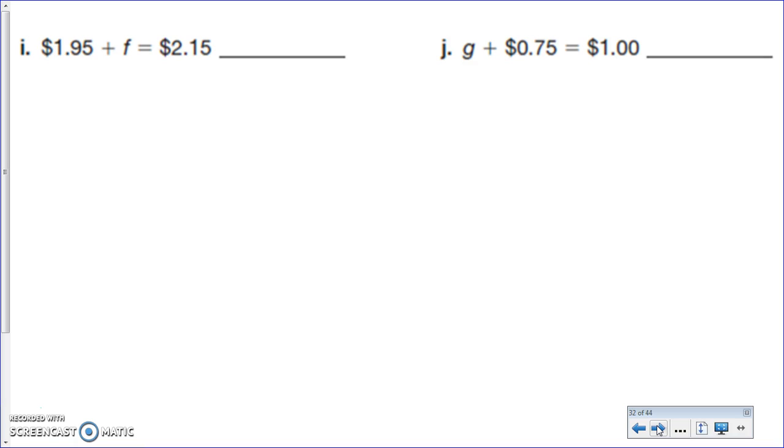So we're going to reverse the order so that we have the variable first. And now we're going to subtract $1.95 from both sides to get the variable by itself.